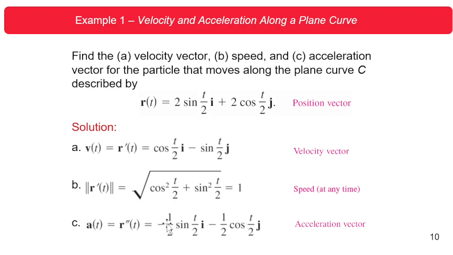So this is negative 1 half sine of t over 2 times i, minus the derivative of sine u, which is cosine u times the derivative of u, again 1 half. So we have negative 1 half cosine of t over 2 times j. Therefore, the acceleration vector is negative 1 half sine of t over 2 times i minus 1 half cosine of t over 2 times j.